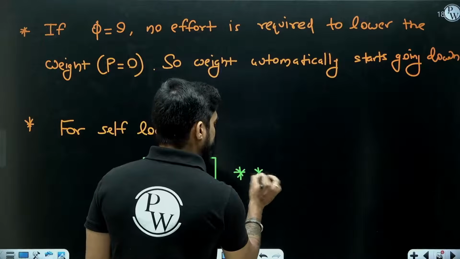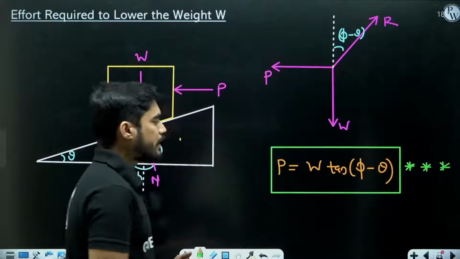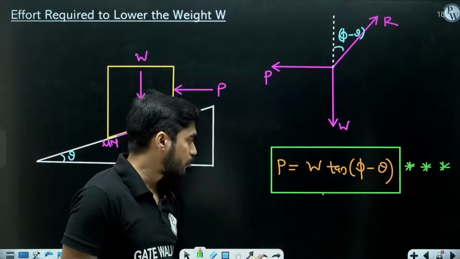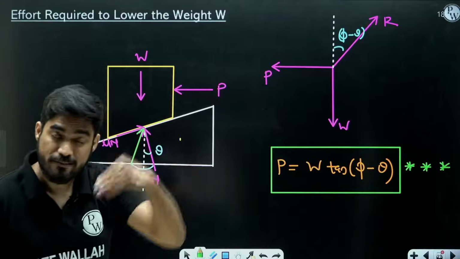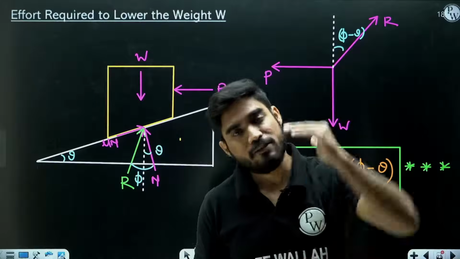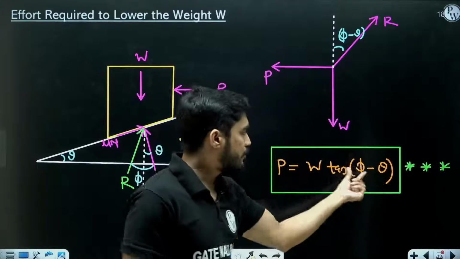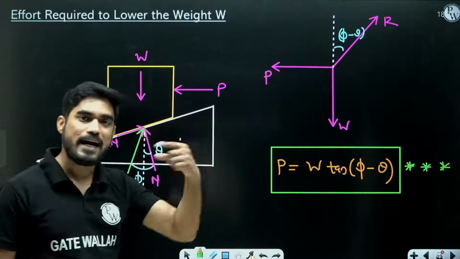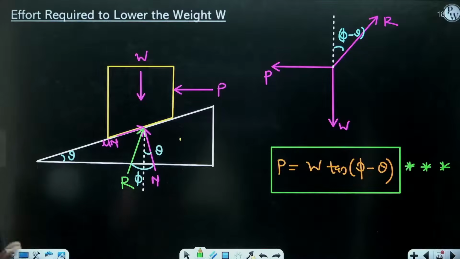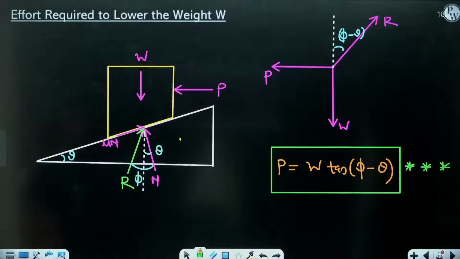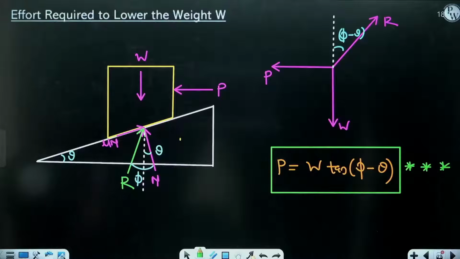If phi is greater than theta, then you will always get some positive value here. It means in order to lower the weight, you need to apply some force. If you don't apply that force, it will not go down. It will be locked. But if phi becomes equal to theta, it will automatically start going down, because P will become 0. So self-locking means if we don't apply any effort, it will automatically be locked.